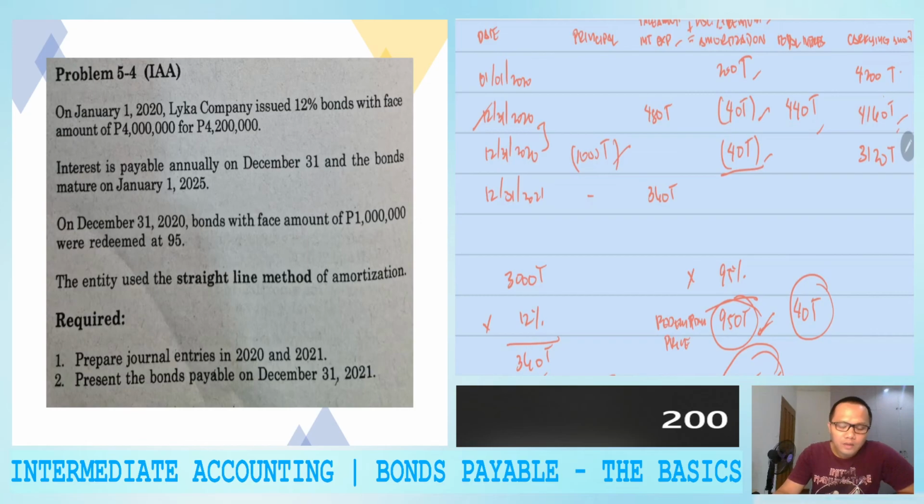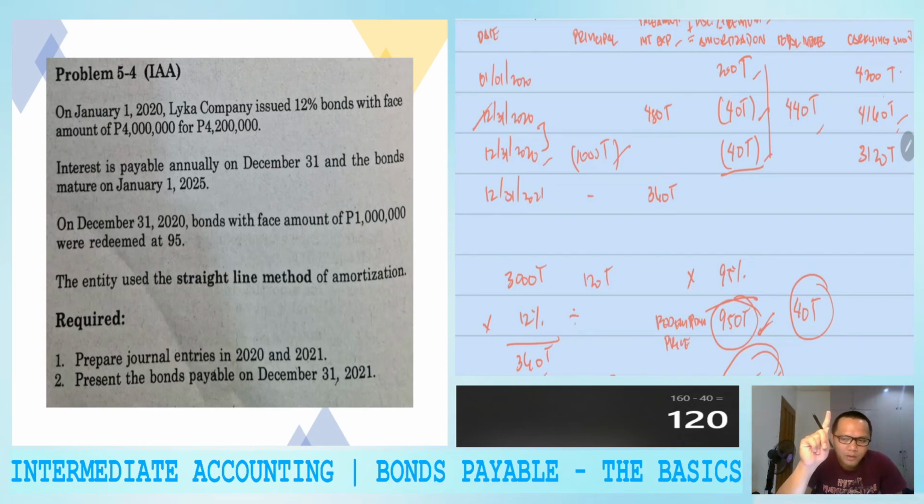So, we have 200 minus 40 minus 40 minus 40 minus 40. So, we have 120,000, di ba? 120,000 na lang yung remaining. Now, let's divide that into how many remaining years after December 31, 2020 pala? 4.